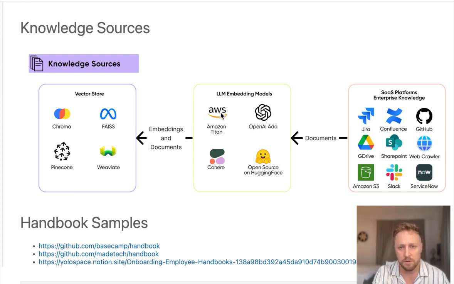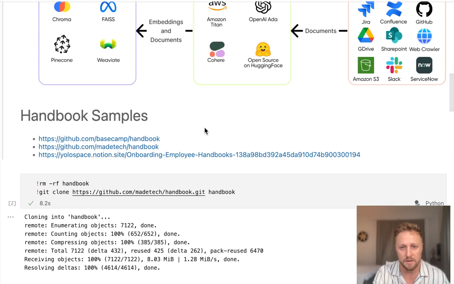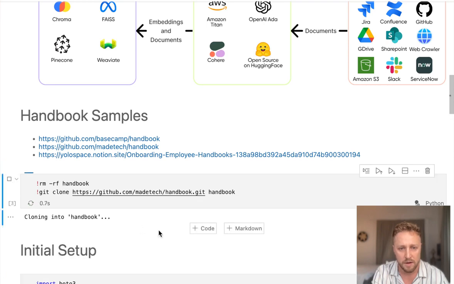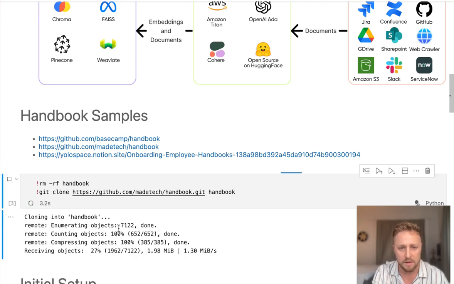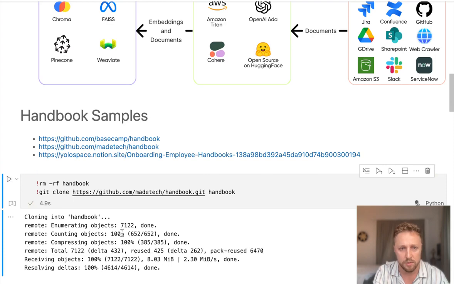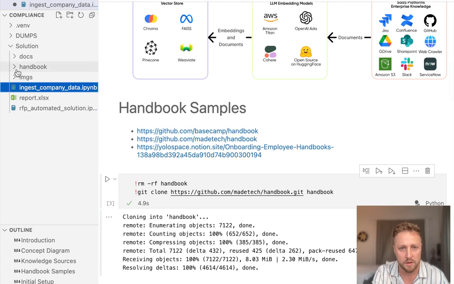For this demo, we will need somewhere to find a handbook. And the good thing is that there are companies, and I think there are many more than I know of, that open source their company handbooks, and we can get them just from GitHub, for example. So I ran a git clone command in order to get this handbook, and let me show you how it looks.